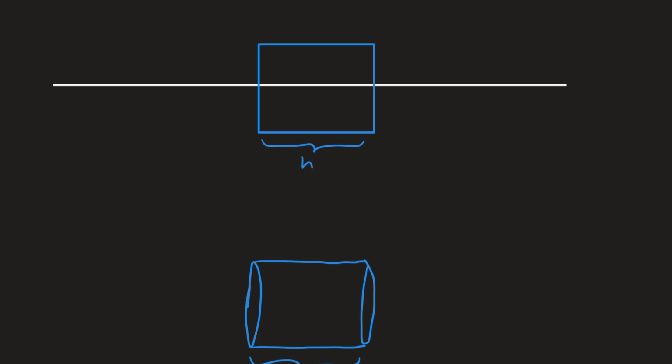Is that okay? With this being H. So if I take this and say that I'm putting it there, how much of my wire is inside the box? A length of H, right?